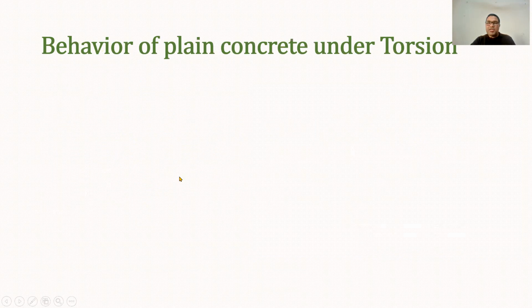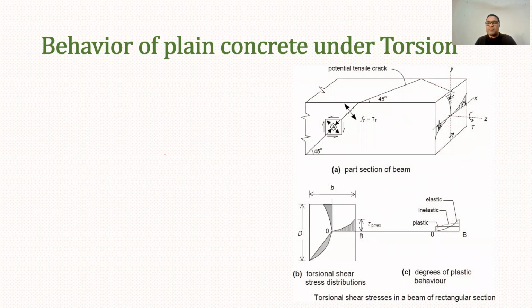Now, if we talk about the behavior of plain concrete under torsion, in this case you can see the beam is subjected to torsion. As you can see, this is the x-axis, this is the y-axis, and this is the z-axis. So torsion is occurring about the z-axis, and bending generally occurs about the x-axis.